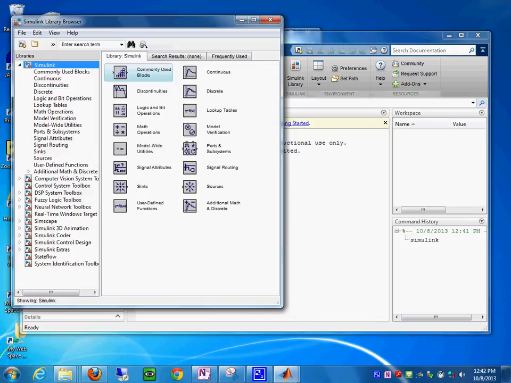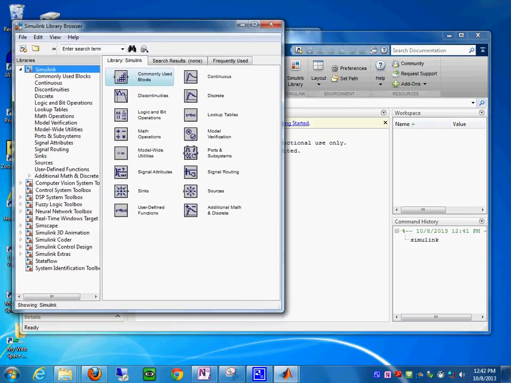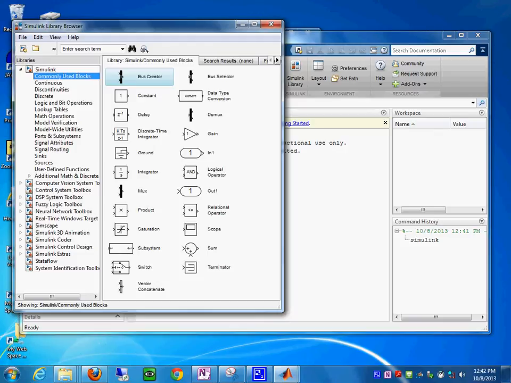So there we go. Here we have the control system, commonly used blocks. And then I pick and do the file.